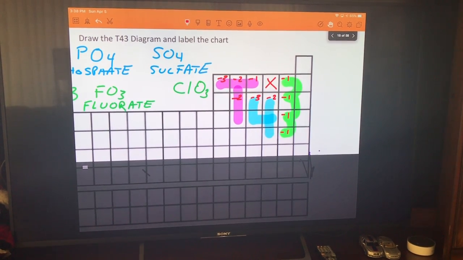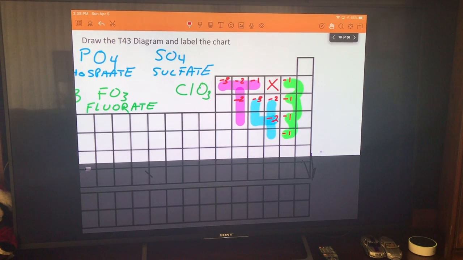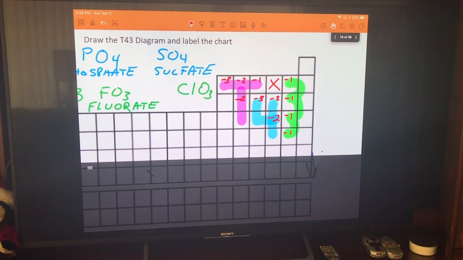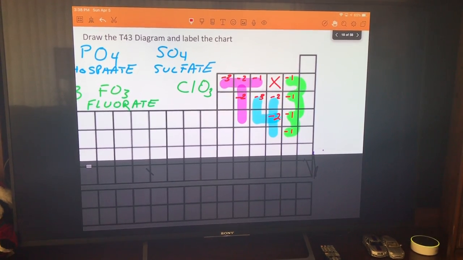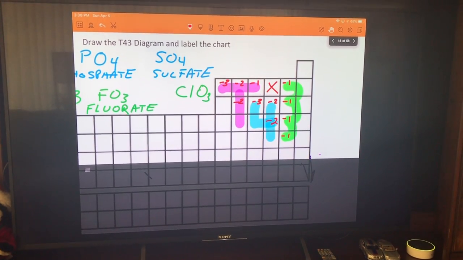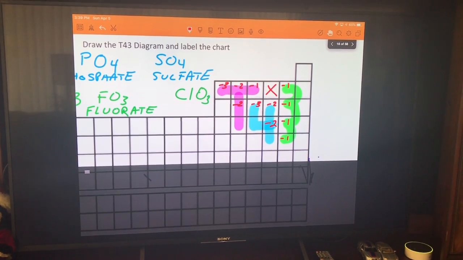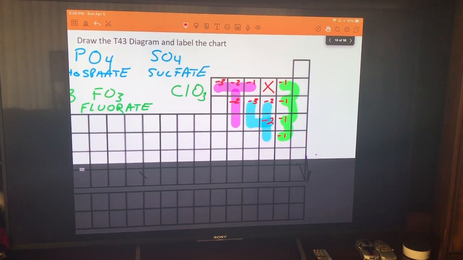And in the next row, they still again follow that pattern. So that's all the further we're going to go with those. But now you can see the pattern. I've also provided a chart on Canvas that gives you the charges and the symbols for a variety of the most widely used polyatomic ions.